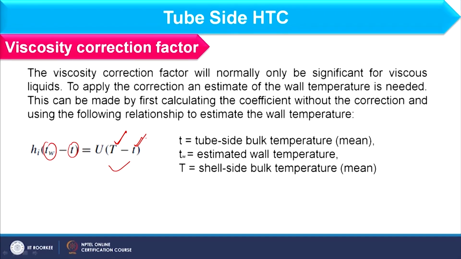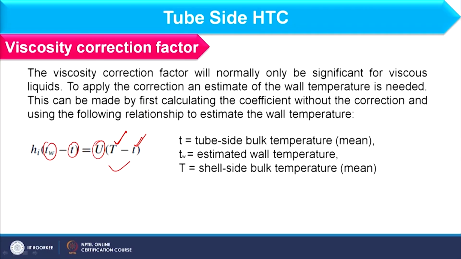But here everything will depend on this U, because here you have an assumed value of U. Once you calculate this hi, you will calculate ho, the shell side heat transfer coefficient, and only then you will calculate this U. So, whatever U you calculate at that point should be in accordance with this U. So, this can be made by first calculating the coefficient without the correction and using the following relationship to estimate the wall temperature.